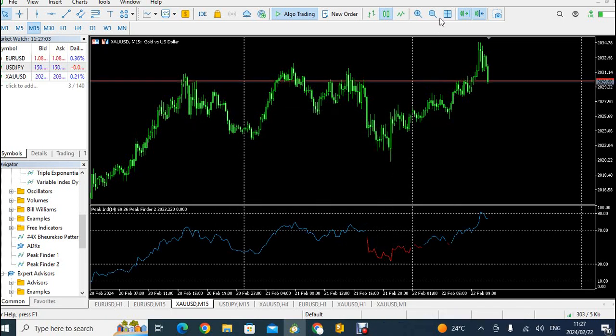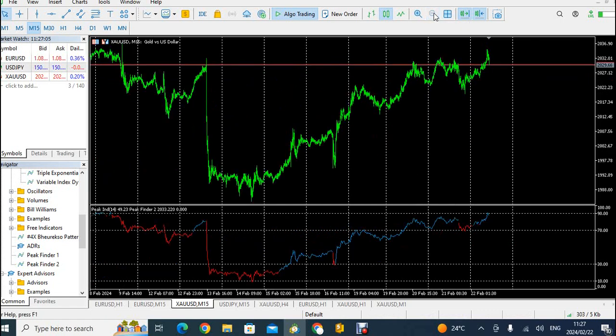And what I do is I zoom out as far as I can, right? So this is the peak indicator. Now with the peak indicator, I played around with some figures, and as you can see, it shows you primarily three things.